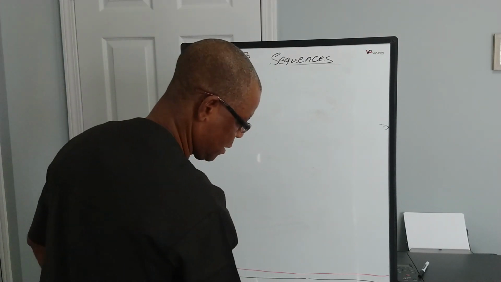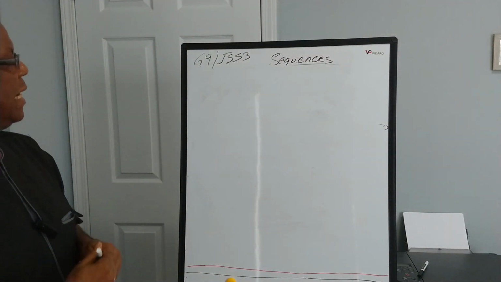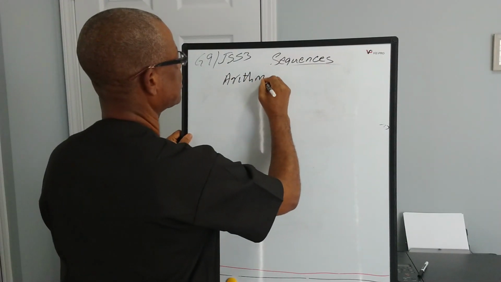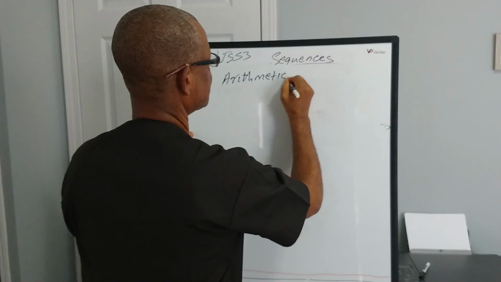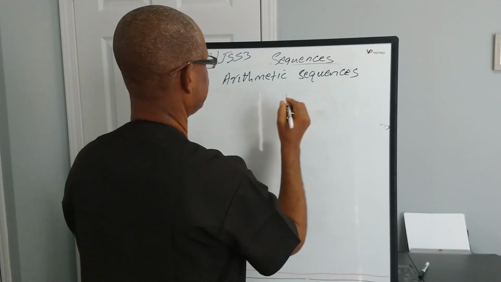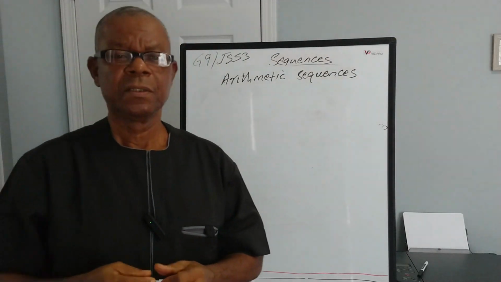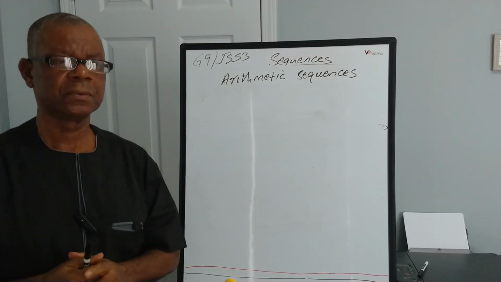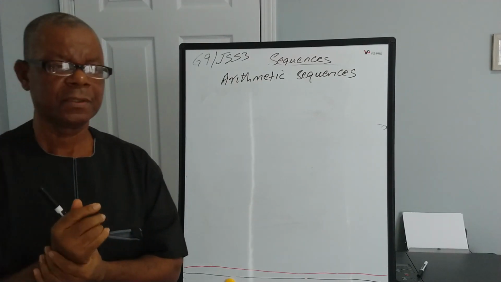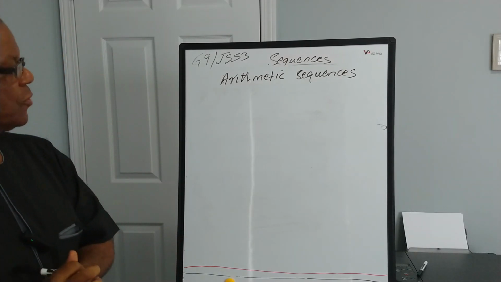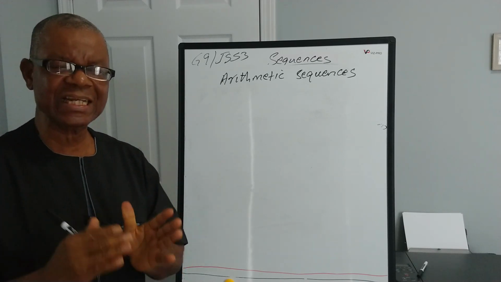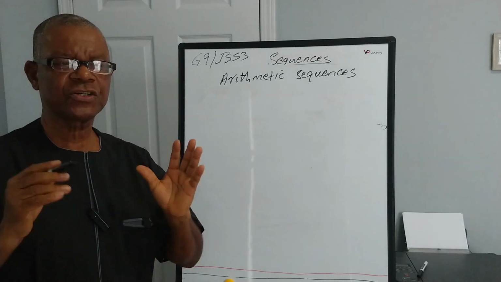When a sequence is said to be arithmetical, this is an arithmetic sequence. The rule will involve an equal step. That is, an arithmetic sequence is a sequence that increases in an equal step.